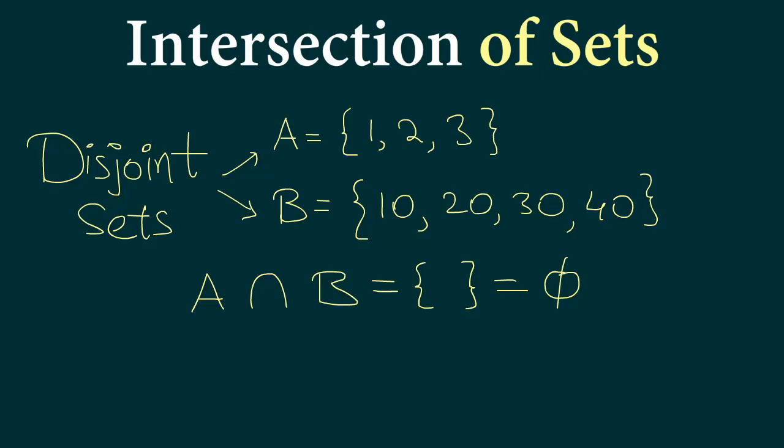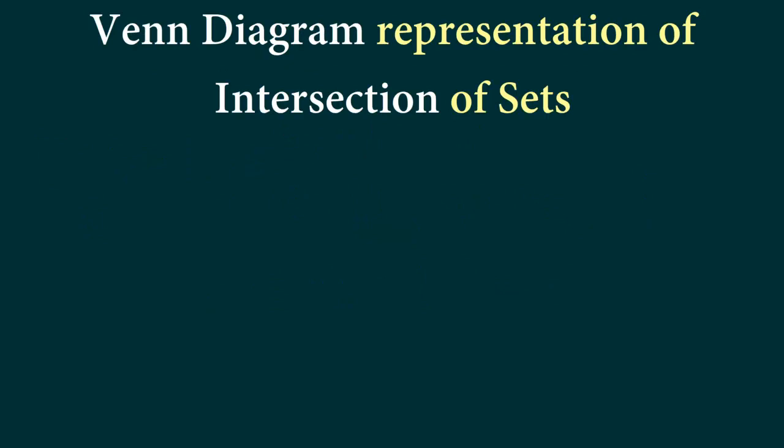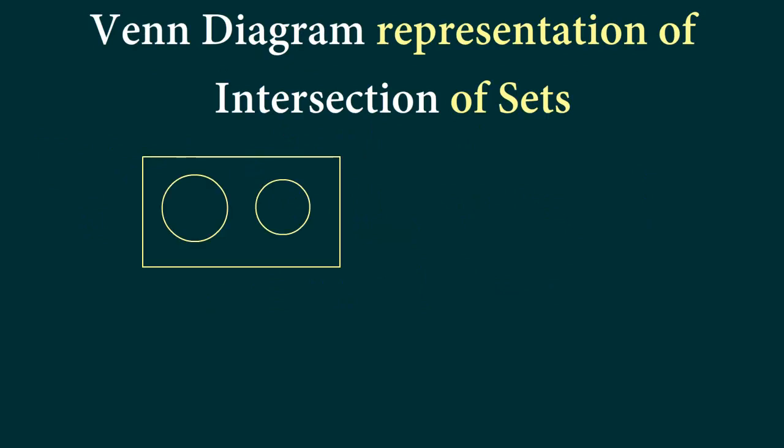Now let's find out how we represent them in a Venn diagram. We have studied Venn diagrams before, and I'm going to provide the link in the top right corner of this video for what is a Venn diagram. So this is more the second example.